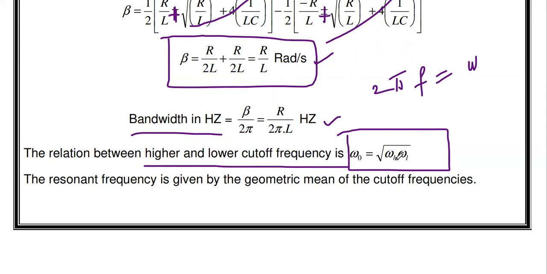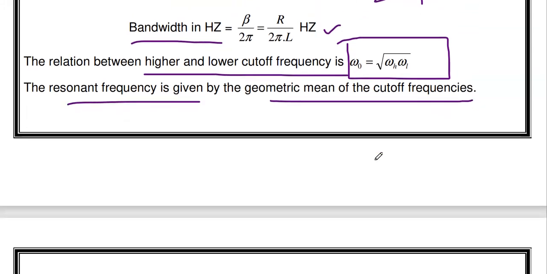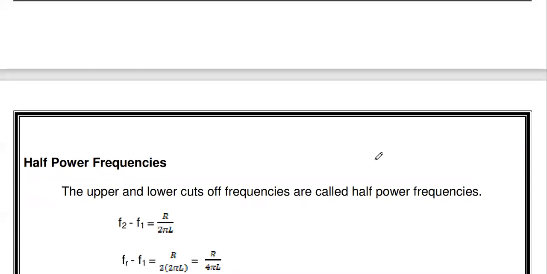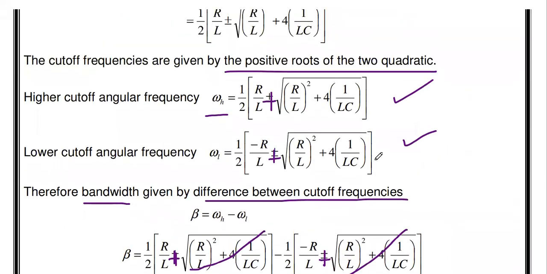Using this we may solve problems. If the higher and lower cutoff frequencies are known, the center frequency, the resonating frequency, is calculated as the square root of omega h omega L. So the resonant frequency is the geometric mean of the cutoff frequencies. This is one more relation, which we derived.